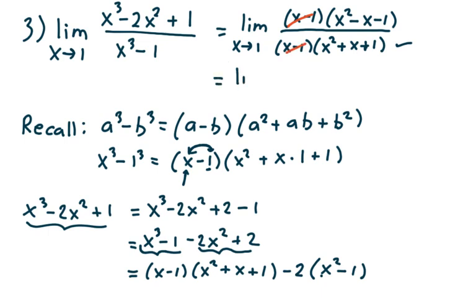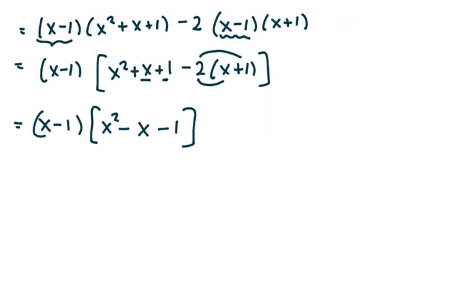And what I get is the limit as x goes to 1 of x squared minus x minus 1 in the numerator, and x squared plus x plus 1 in the denominator.